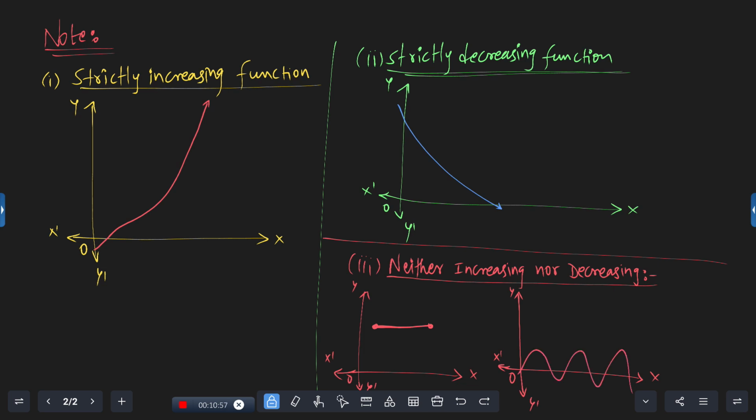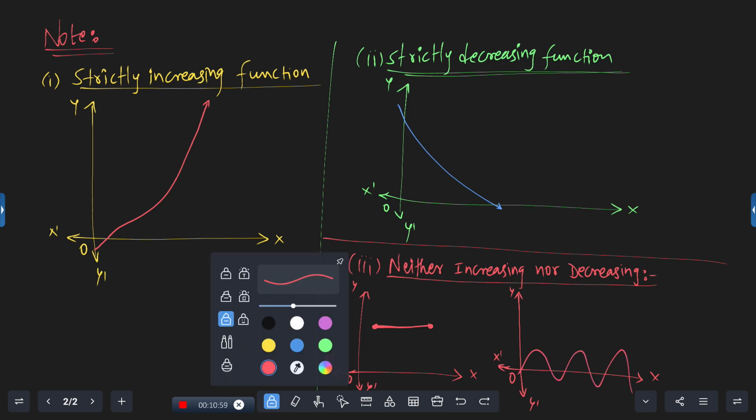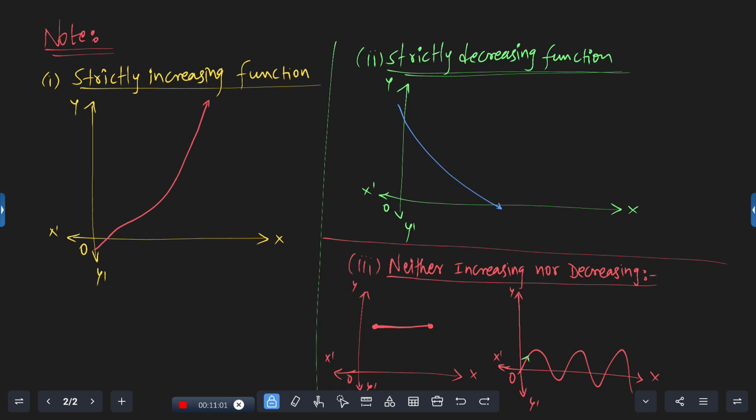The function is increasing here and decreasing again, again increasing, again decreasing. So this type of function also we can say is neither increasing nor decreasing. In a question, when a function goes upward, again downward, upward, again downward, we can say it is neither increasing nor decreasing. Understand? So these things you can take in a diagram.